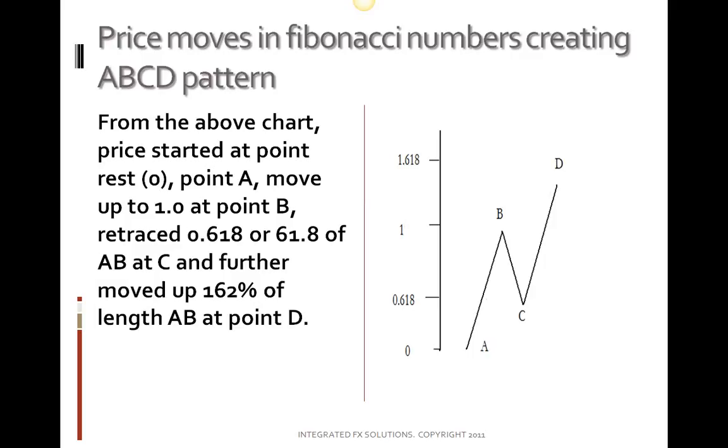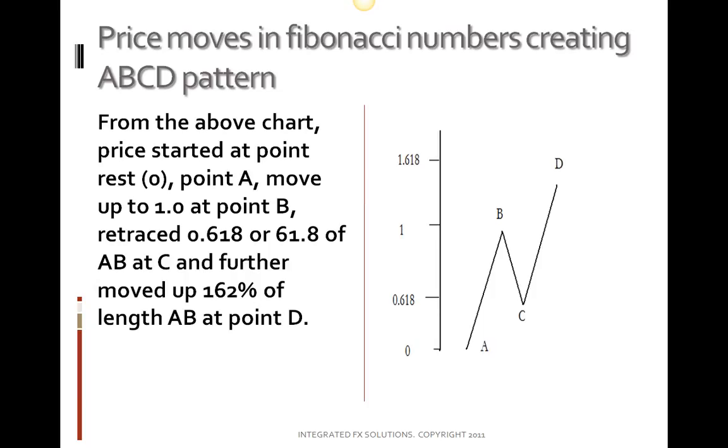Price moves in Fibonacci numbers, creating the ABCD pattern. In our trend analysis, we said price moves in an ABCD pattern. Now, this movement in ABCD patterns has a Fibonacci ratio sequence in it.